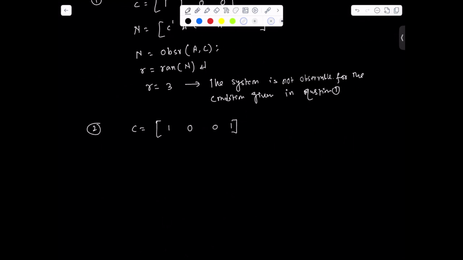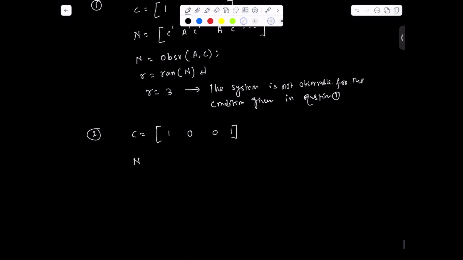Similarly, you can form the N matrix using obsv(A, C) and let's find the rank.